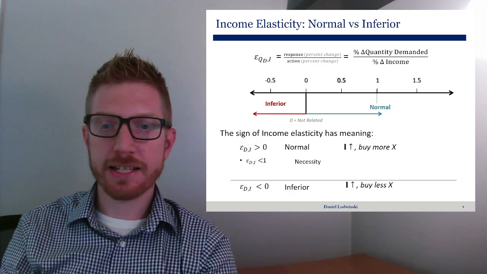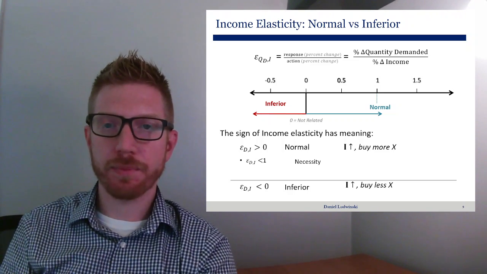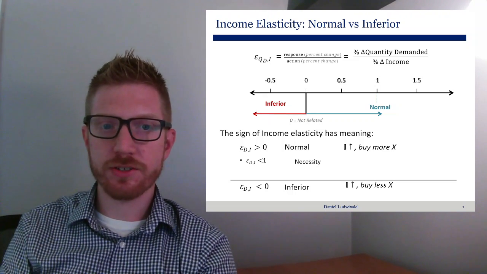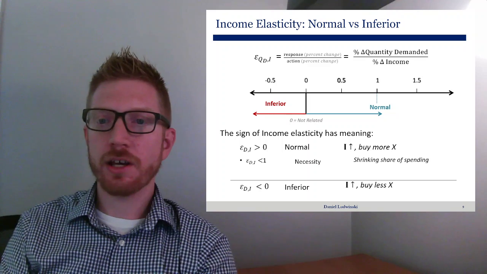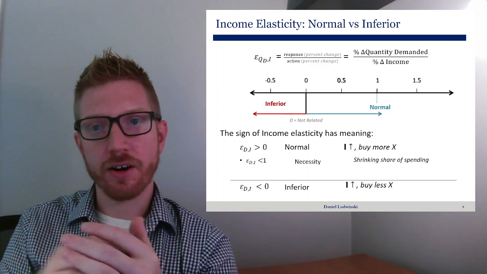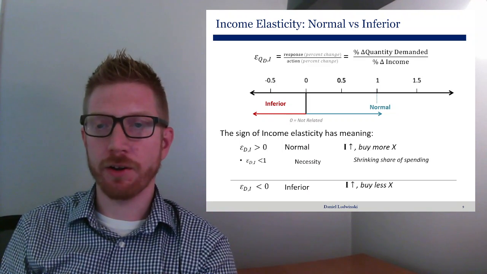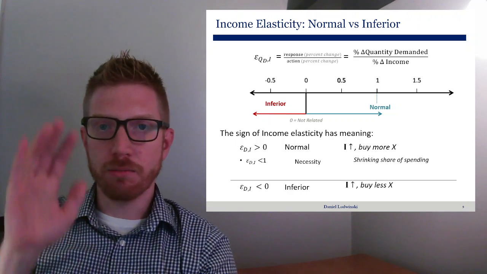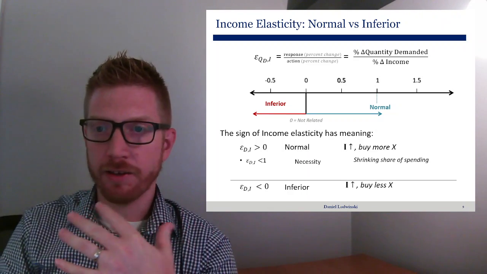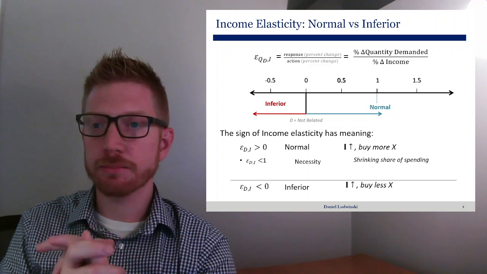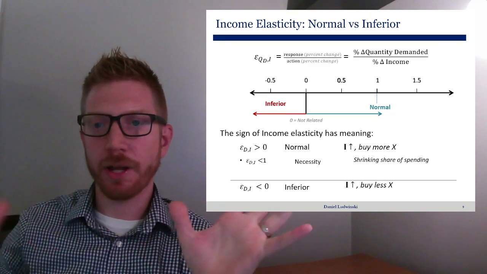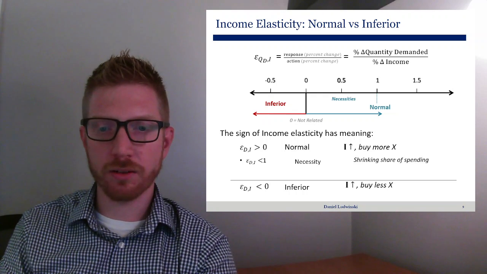So if your elasticity is less than 1, this means that as your income increases, you're shrinking the share of your income and your spending that is going towards that good. So basically, a 10% increase in your income, you're going to continue to increase spending on housing, but you might kind of branch out to other things as well.